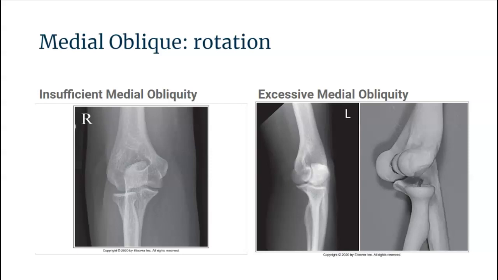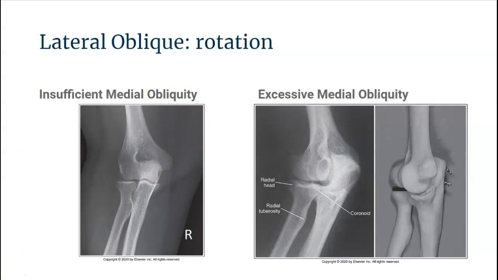If in excessive medial obliquity the humeral epicondyles are at more than 45 degrees of obliquity with the IR, then more than 3/4 of the radial head will superimpose over the ulna, as you can see in the second image demonstrating excessive medial obliquity.